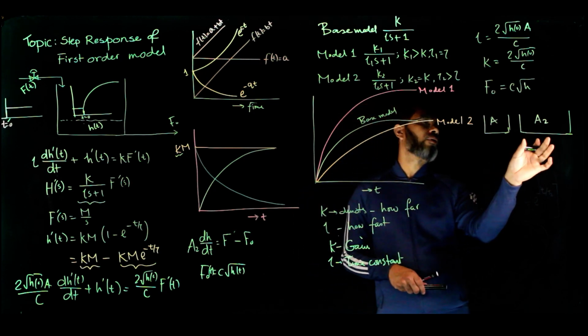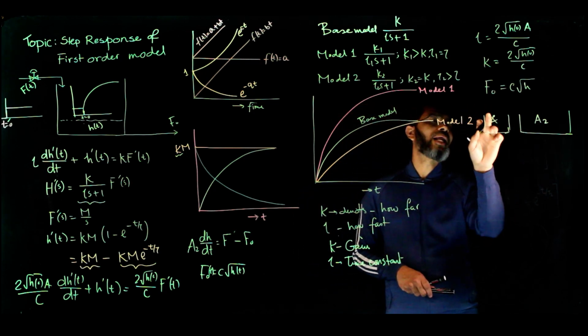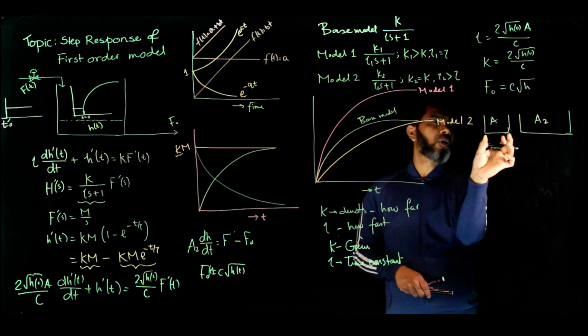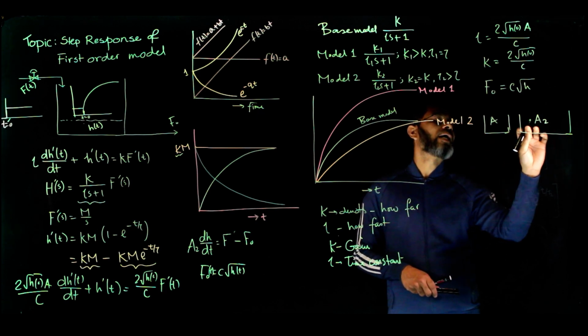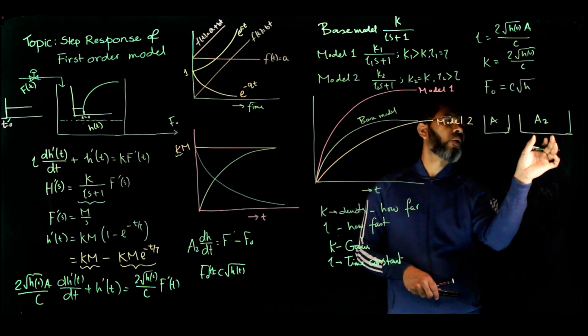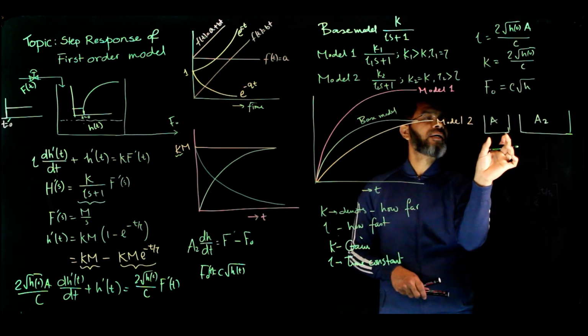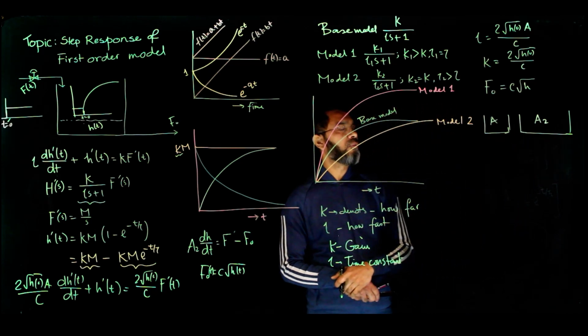Okay, and that's understandable from the tank, right? If we have the same inlet coming in for a smaller tank or a big tank, the change in the level will be slower for the big tank and faster for the smaller one.